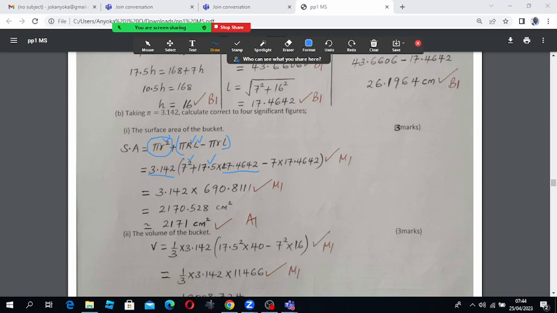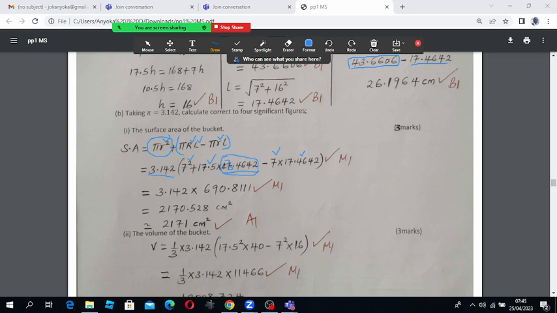The slant height of the whole bucket was 43.66. Here there is a mistake now. So 43.66 minus the radius times the slant height, which was 17.4642. Something is wrong here.